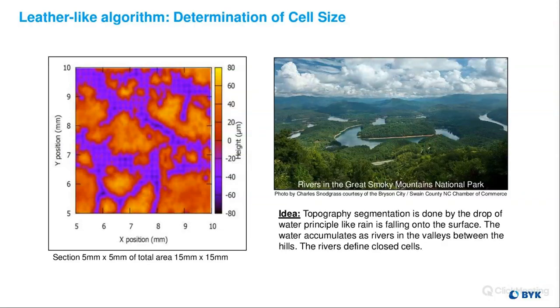It's the same concept. As you slowly fill up those valleys, you'll eventually have just little islands floating around. Those will be your hills and your high points. We can then take the size of that closed off island, and that becomes a cell in itself.